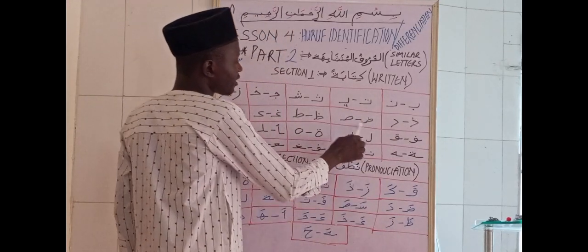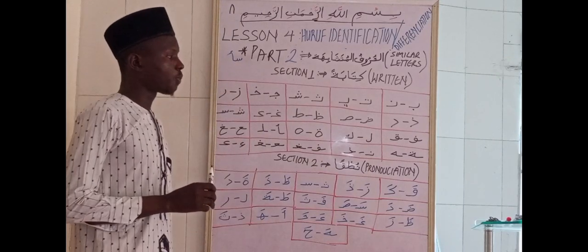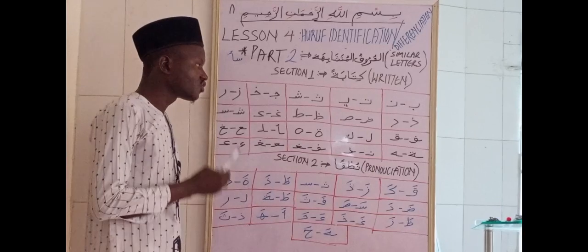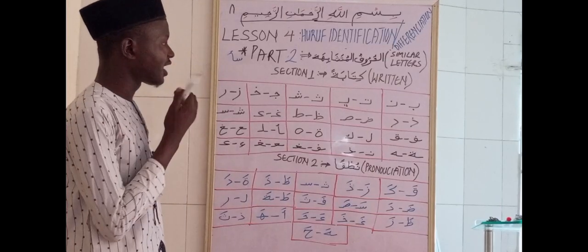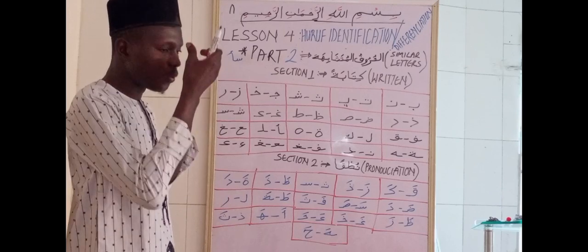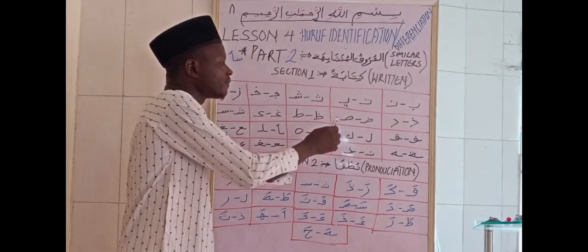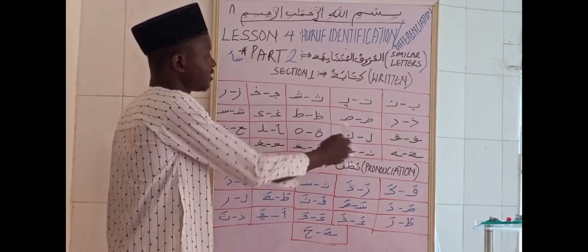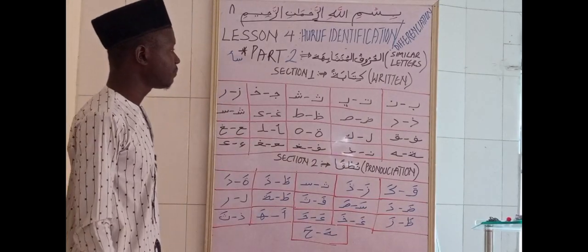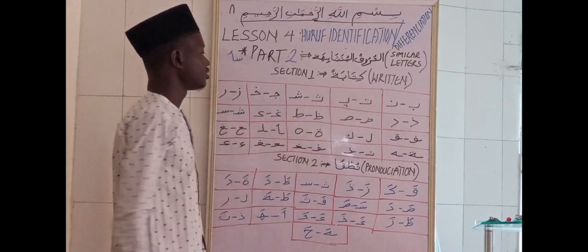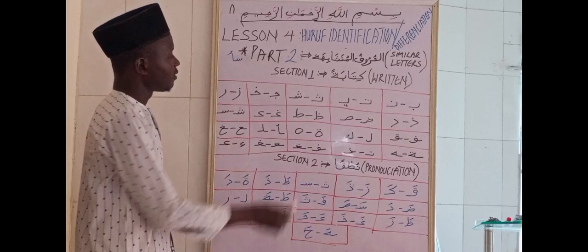The same thing applies to saw and dhod. Saw, dhod, we have said it is pronounced with what? The side, the full length of the side of the tongue with the upper palate. While saw, you can see it's totally different in pronunciation, and the shape looks alike, but the dots differentiate them.